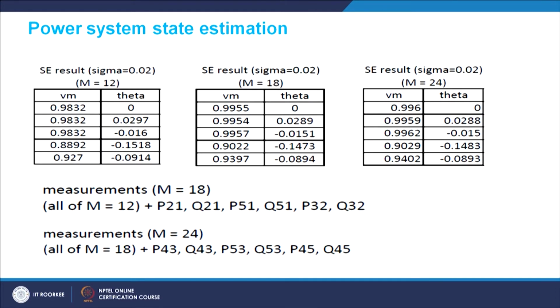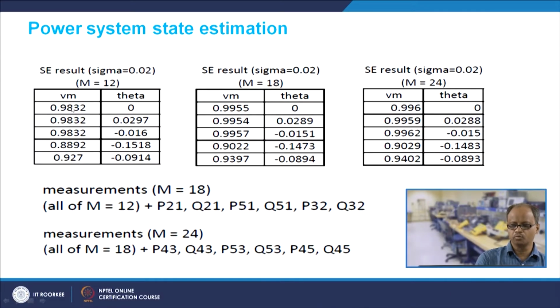Now suppose we take error in the measurement. Suppose all these meters have a sigma of 0.02. That means we are taking all the measurements to be of equal weightage.